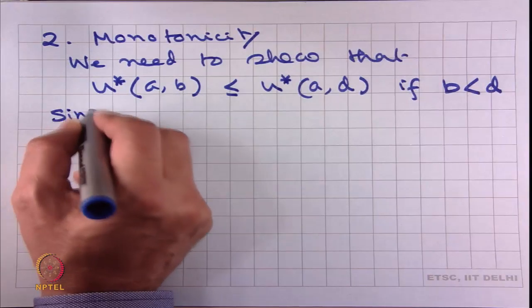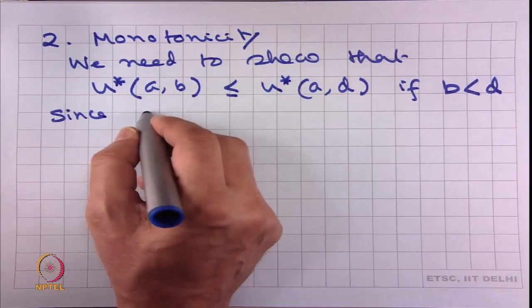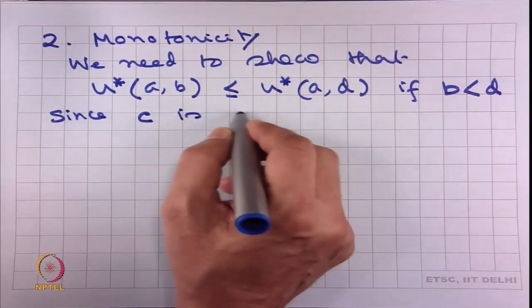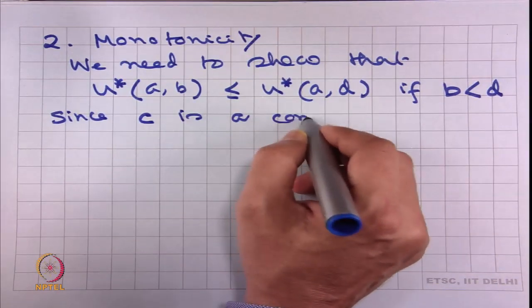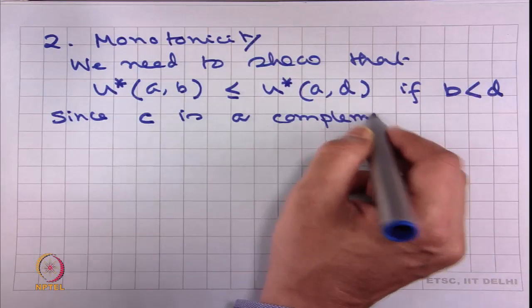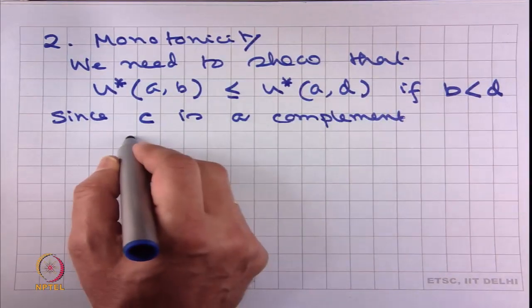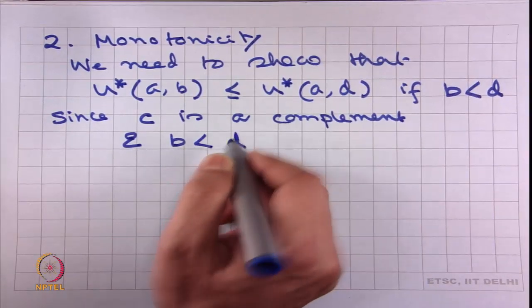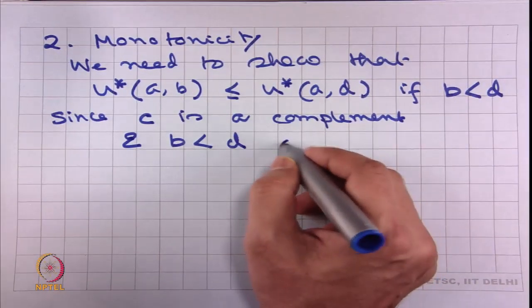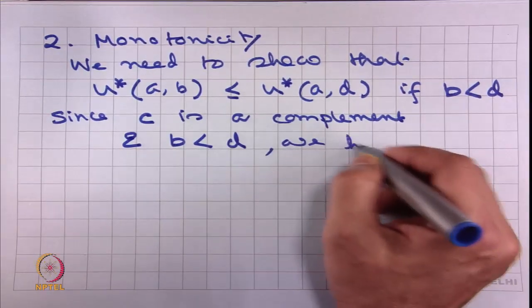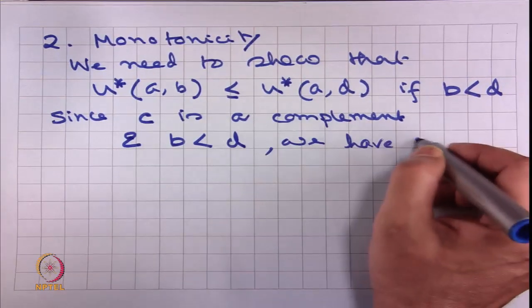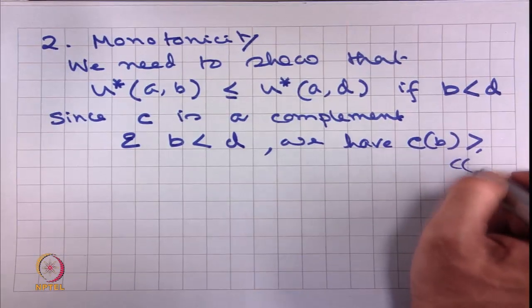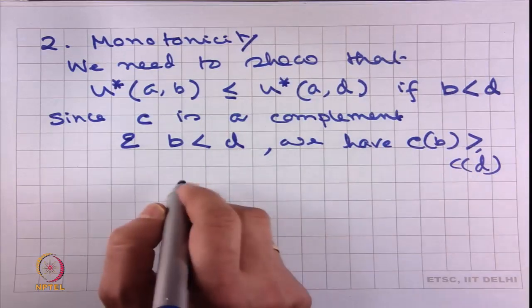Since C is a complement, and b is less than d, we have C of b is greater than or equal to C of d.